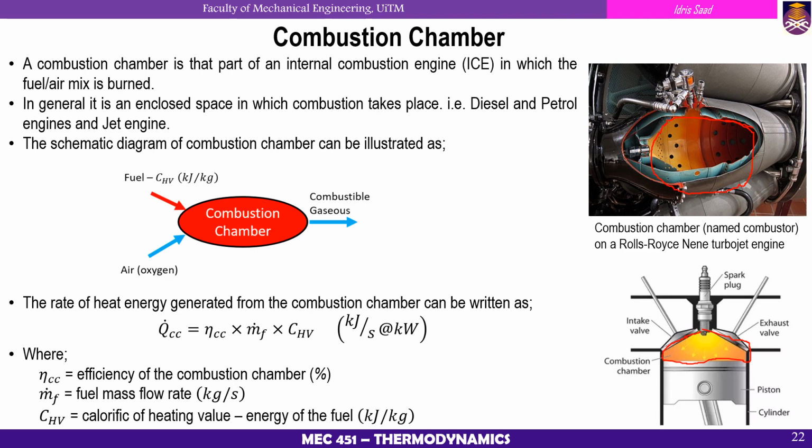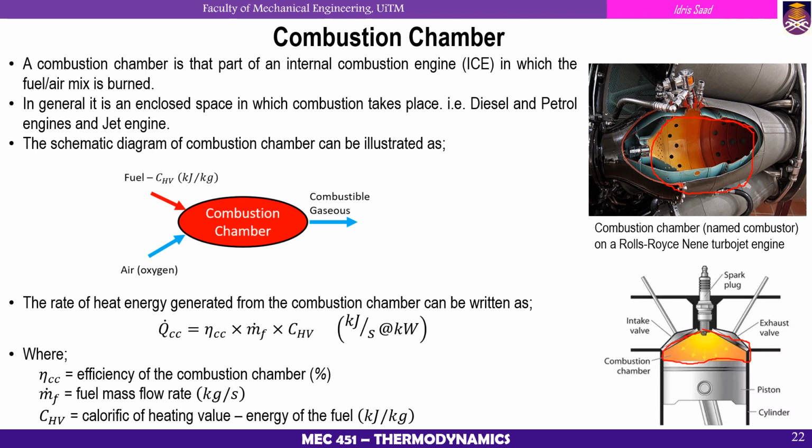Generally, after the combustion process, combustion gases will be produced such as carbon dioxide and water vapor as well as other gases. In addition, the combustion gases have high energy that can be used to drive the turbine to produce the work output. We will learn this in chapter 6 in the Brayton cycle.